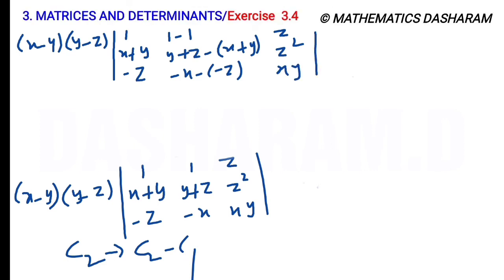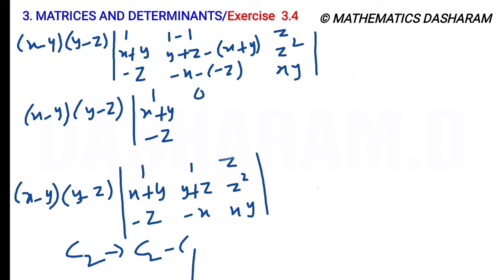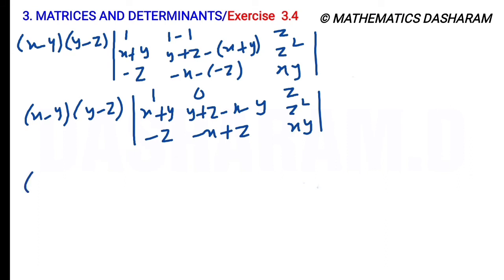So now it is equals to x minus y into y minus z. So 1 x plus y minus z, 1 minus 1 0. So here y plus z minus x minus y, minus x plus z. So z square xy. So then it is equals to x minus y into y minus z mod 1 x plus y minus z.